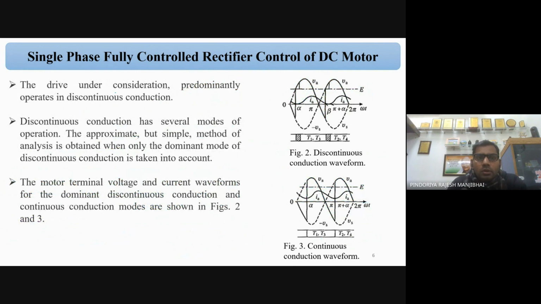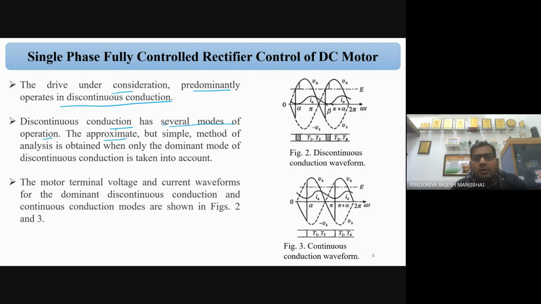So a drive under consideration predominantly operates in the discontinuous conduction mode. By default it operates in the discontinuous conduction mode, because sometimes it is on, sometimes it is off. Discontinuous conduction has several modes of operation.